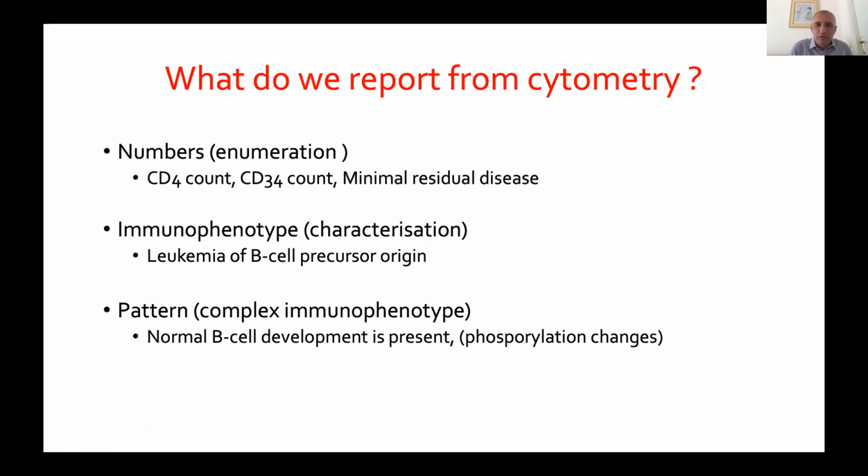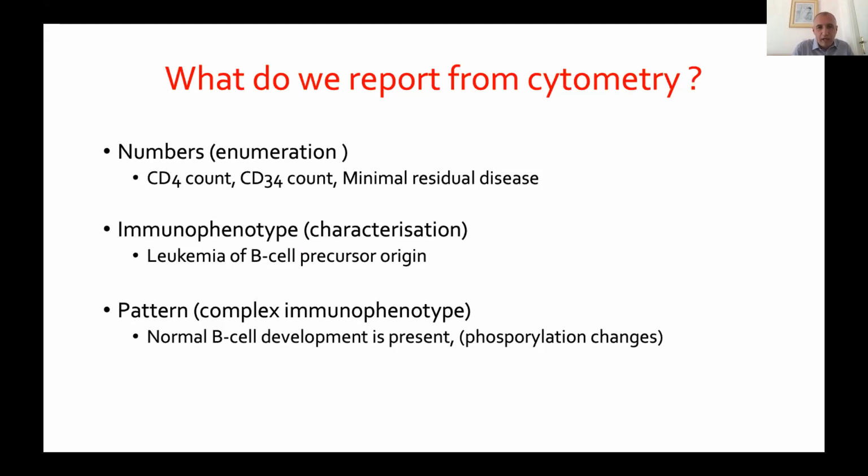So what do we report from cytometry? That's an important question, because cytometry is not only one thing, but there are many different topics and assays that have different aims. So often clinical cytometry reports numbers. It's actually doing enumeration in CD4 counting, CD34 counting, or minimal residual disease evaluation.